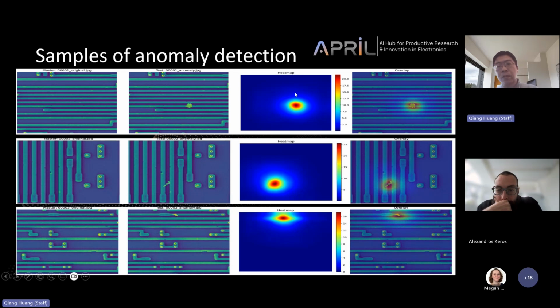And the third column shows the heat map, trying to locate where the potential issue is, I mean where the anomaly part is. So it can accurately locate the potential issue.